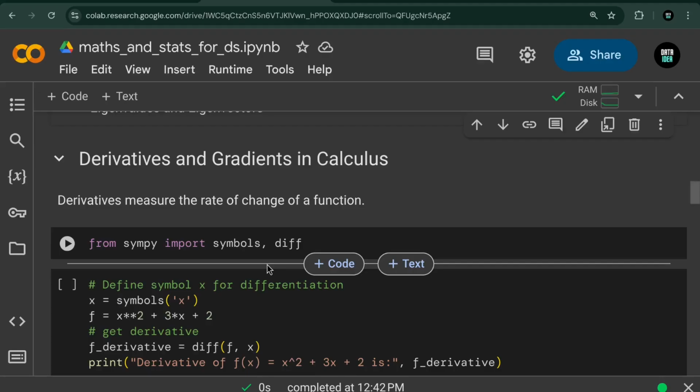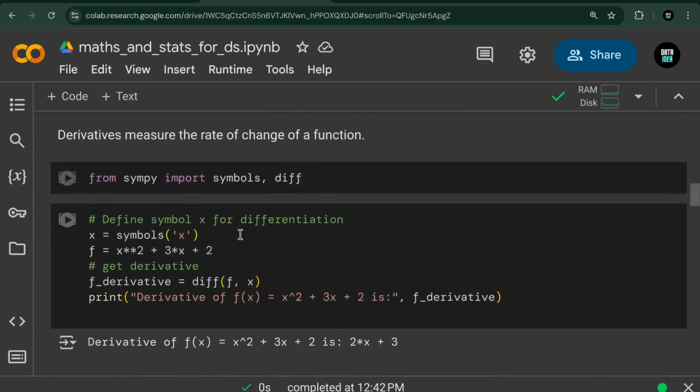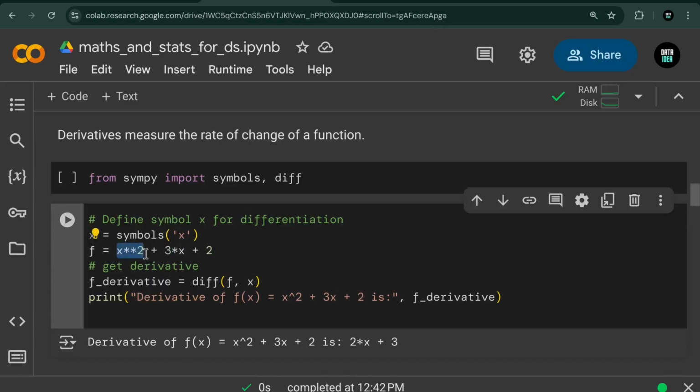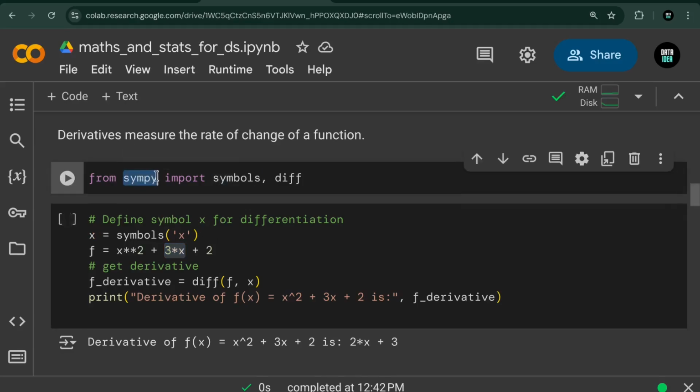And to illustrate this, I have this function that I am setting. Okay, I have x squared plus 3x plus 2, and to get the derivative I'm using this simple library called SymPy. I don't know how you read it.